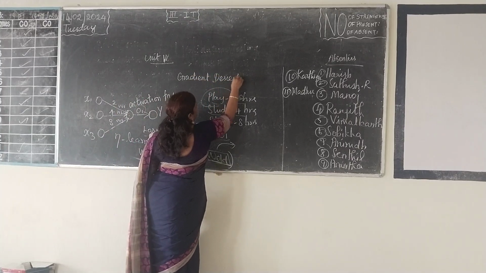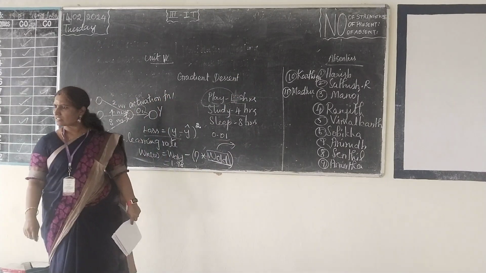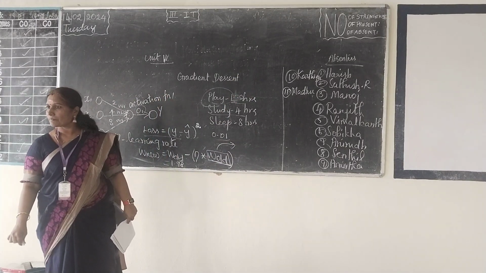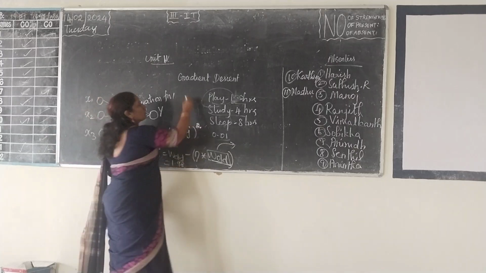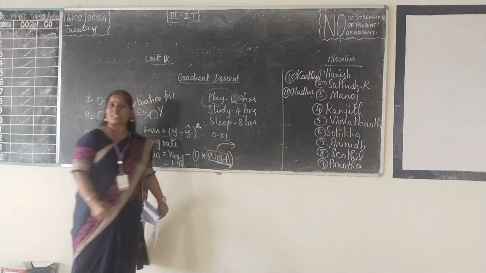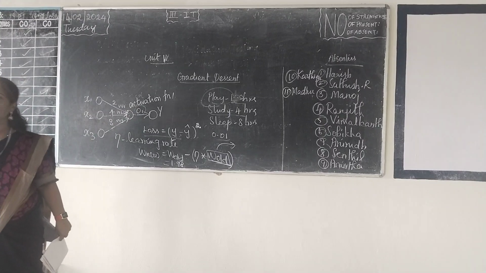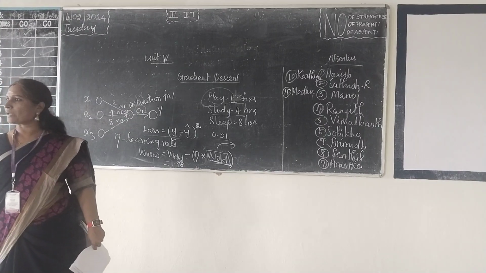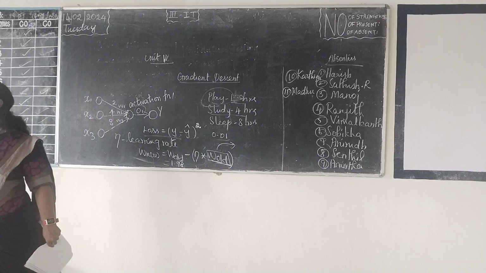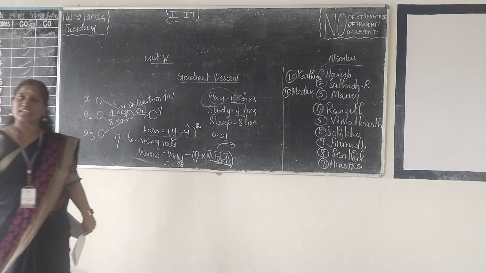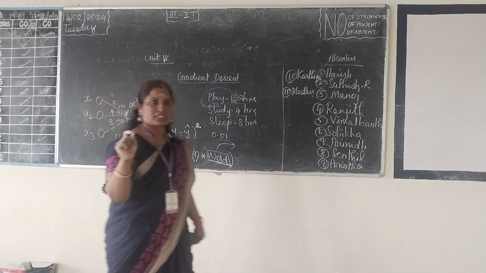Have you studied this? Gradient descent. Which subject have you studied? AI you have studied. Good. Gradient descent is a method which we use to optimize the weight and the loss or cost function. It can be called either a loss function or a cost function.